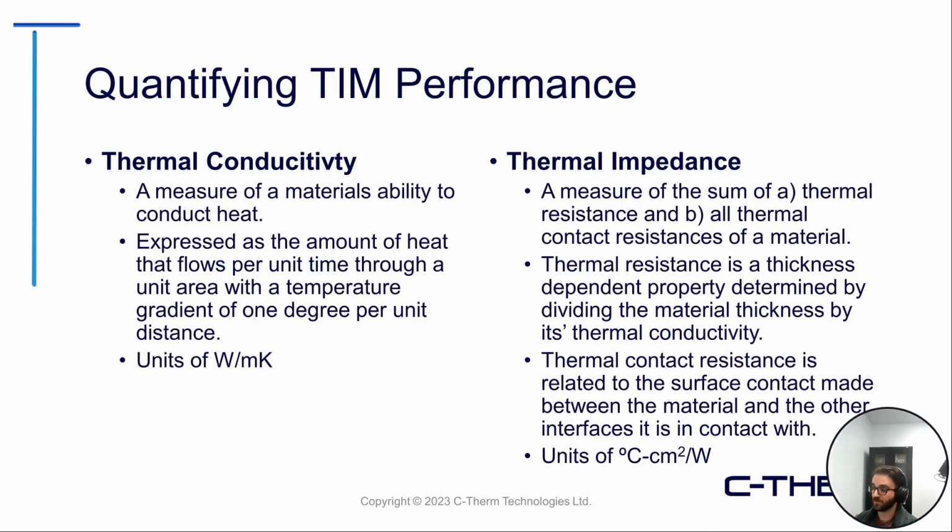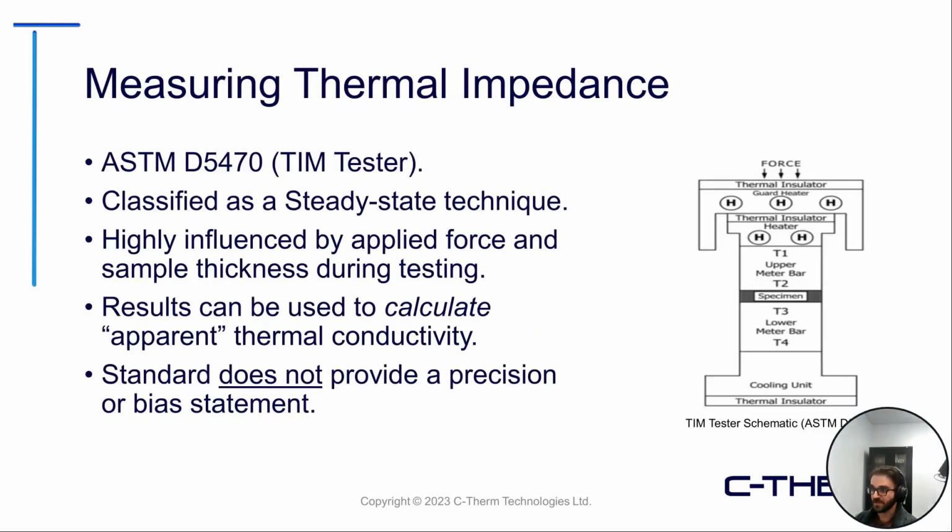So not only are you looking at the bulk property through the thickness of the sample, but also at the exterior edge portions and how they're making contact with the rest of the system. Both of these can be used, and a lot of the time they're used in conjunction.